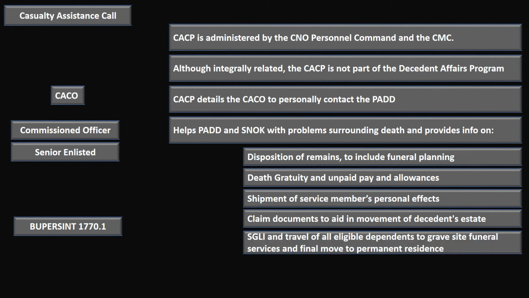They are also responsible for helping with SGLI, Servicemembers' Group Life Insurance, and travel for all eligible dependents to the gravesite, funeral service, and final move and permanent residence, so where the remains are going to be put to rest.